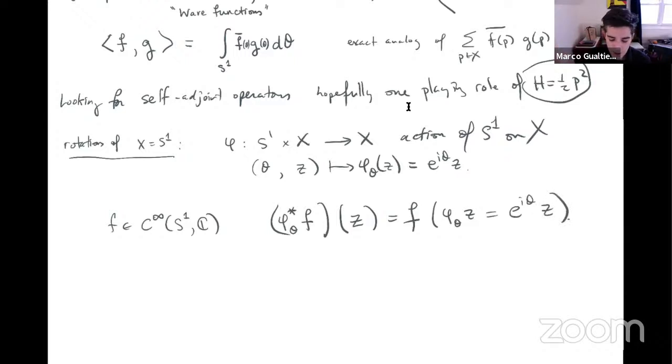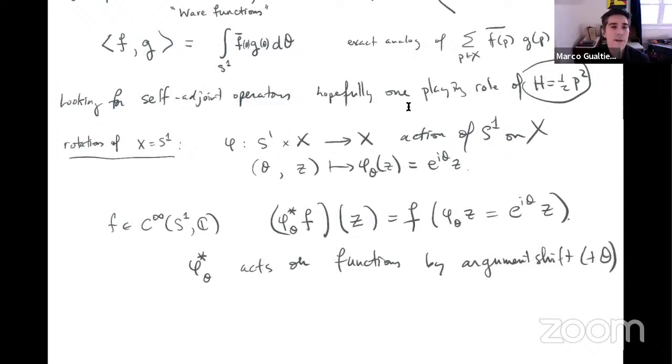So this phi theta star acts on functions by argument shift, plus theta. So it will act on your function to give you a new function whose value at a point is the value of the old function at a shifted point.